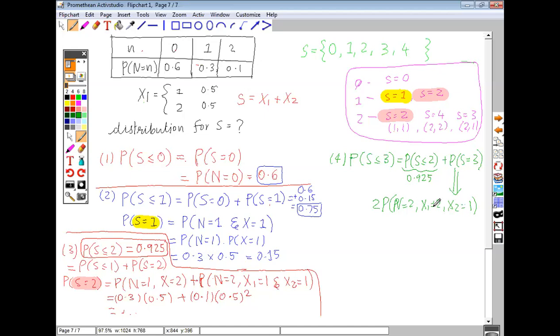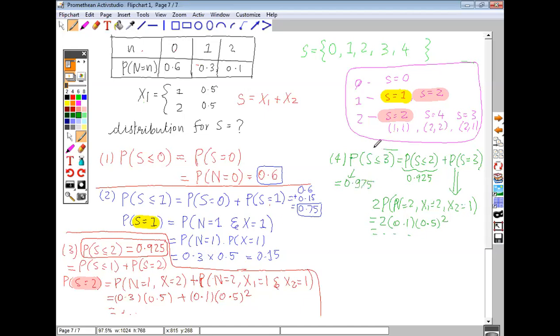So I can just write 2 times this. Yes. Right? So it will be what? 2 times N equals 2 is 0.1 and this will be again 0.5 squared. So you'll get some answer for this and finally for this we get 0.975.